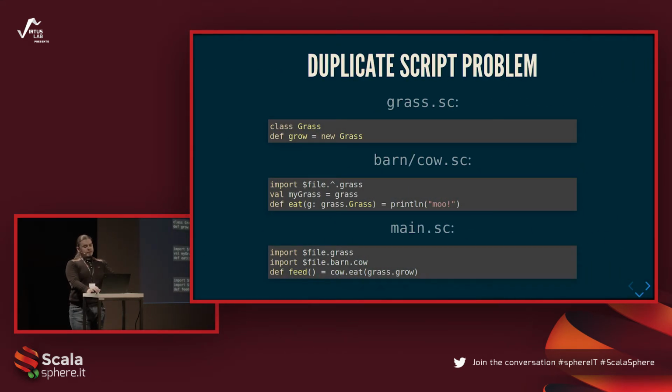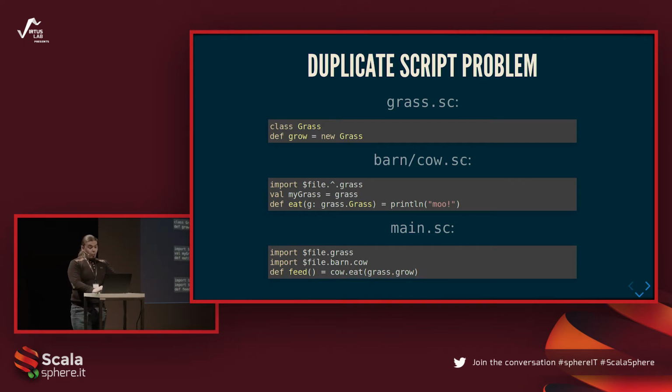And then finally we also have this duplicate script problem. First we have a grass file that defines a class Grass and a method to grow the grass.